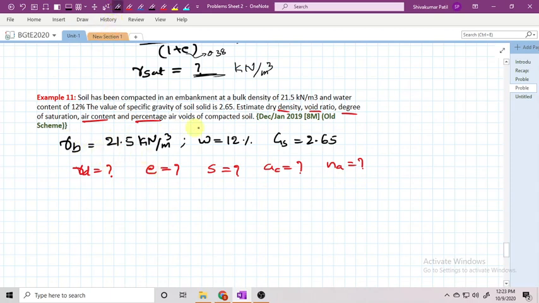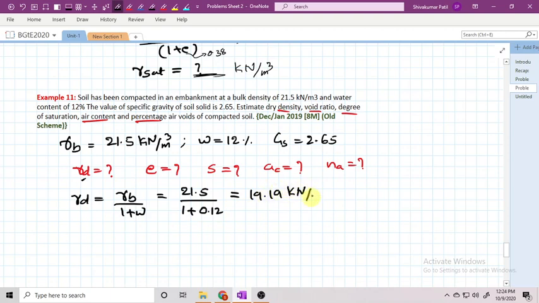Once I know the bulk density and the water content, I can easily find the dry density. Dry density is equal to bulk density divided by 1 plus w. So 21.5 divided by 1 plus water content 0.12. You will get gamma d as 19.19 kilonewton per meter cube. Once I know gamma d, I can find the e value, because gamma d equals Gs into gamma w divided by 1 plus e.